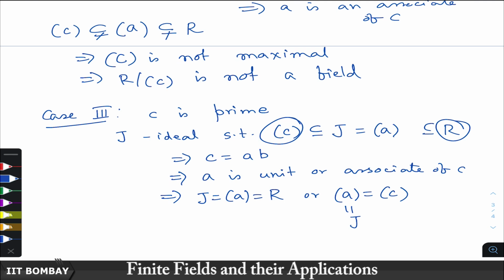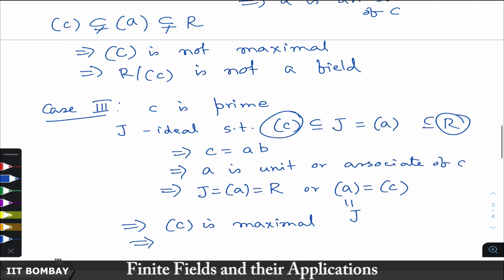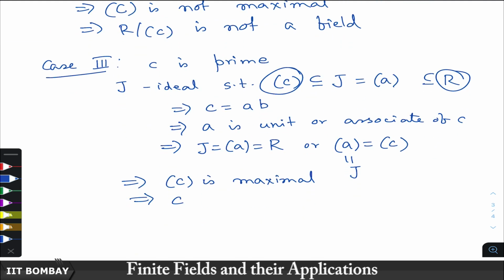So, that proves that this is maximal, and hence R by C is a field.